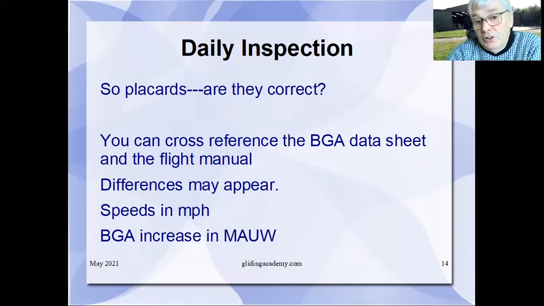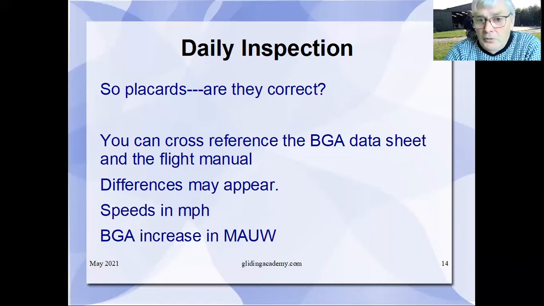Sometimes you'll find differences, particularly with the older manuals, and you'll find speeds perhaps in miles per hour, so the maximum speeds and so on, because the manual is actually pretty old, and you'll then have to make allowance for the fact that the inspector who put the placard in there has adjusted it so that the speed is in knots rather than miles per hour.